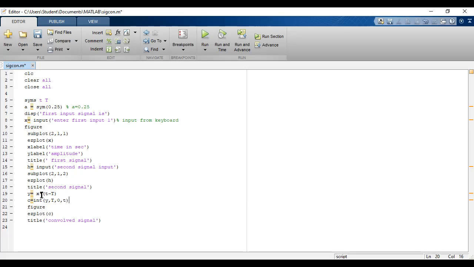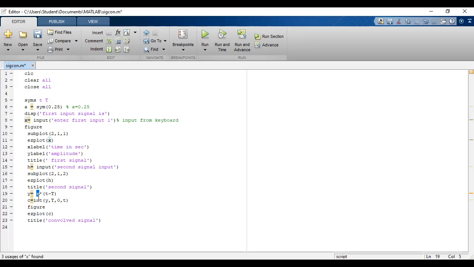So as I already said, we need to take the product, right? x of tau into h of t minus tau. So that is the reason I have written t minus tau, and x input as it is. Now integration of y with respect to capital T, over the limits 0 comma t. e power minus at is my first input, but I am taking the product directly, x into h, right?